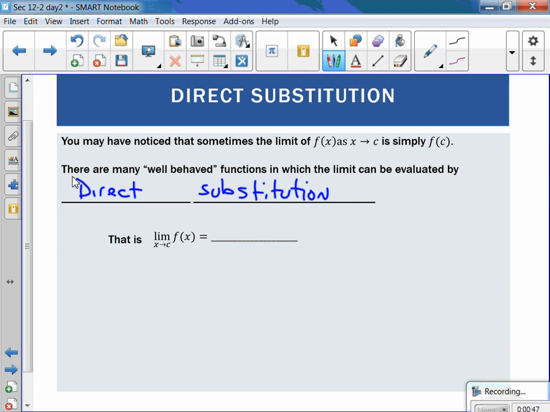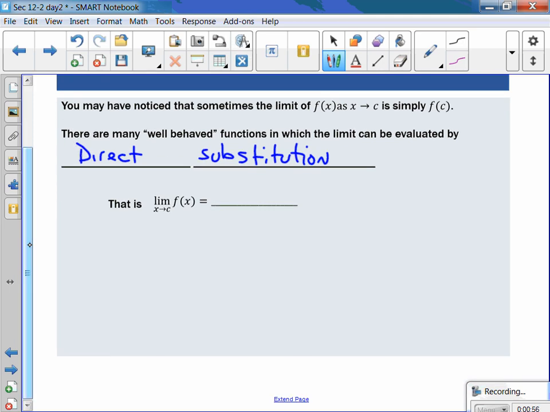So again, direct substitution with my function, some of my functions I can just replace x with c. So in this case, we have the limit of f of x as x approaches c. What would that equal? Absolutely. Again, direct substitution, just replacing all my x's with c.